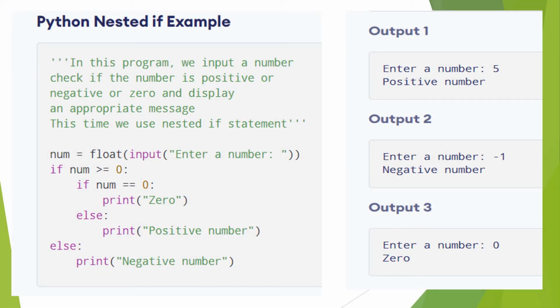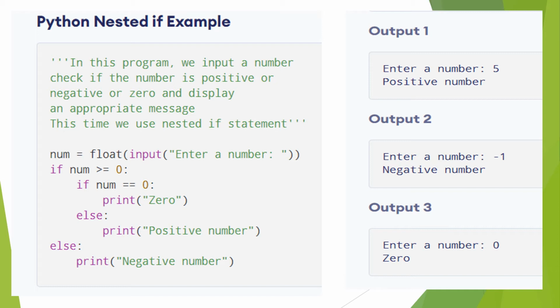Now, what are Python nested if statements? We can have an if, elif, else statement inside another if, elif, else statement. This is called nesting in computer programming. Any number of these statements can be nested inside one another.